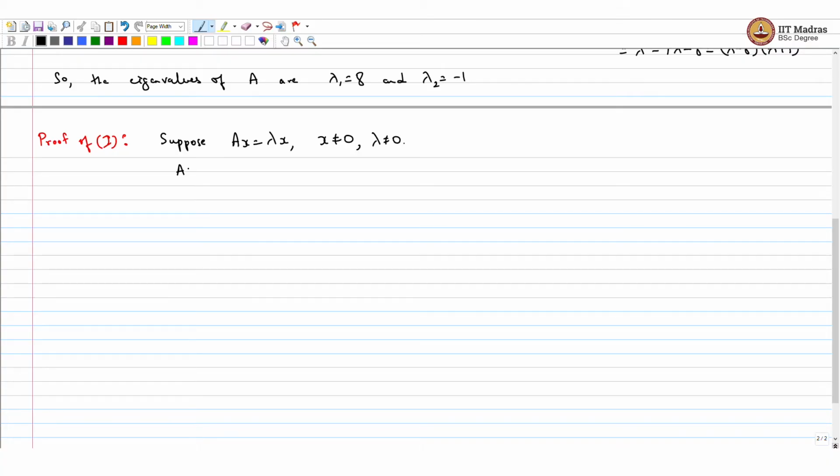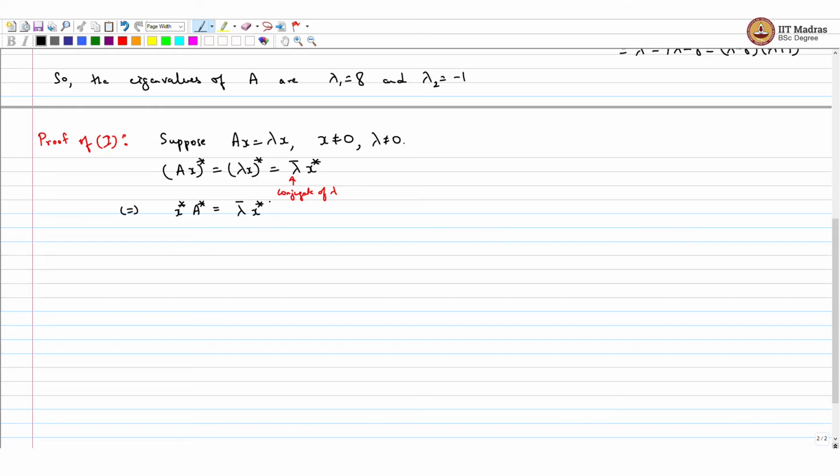To do that, let's start by taking the conjugate of Ax star. This is the conjugate of lambda x. This, by the rules of conjugation, is lambda bar x star. Equivalently, Ax star by rules of conjugation is x star A star equals lambda bar x star. This is what we have.